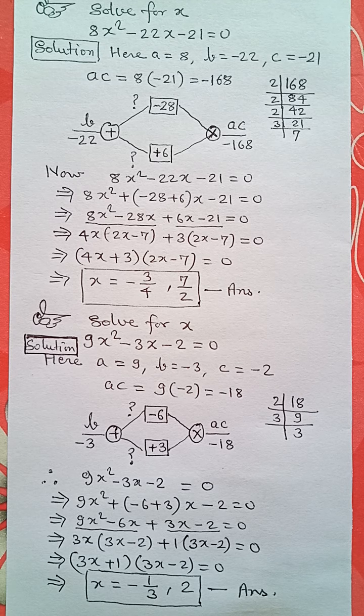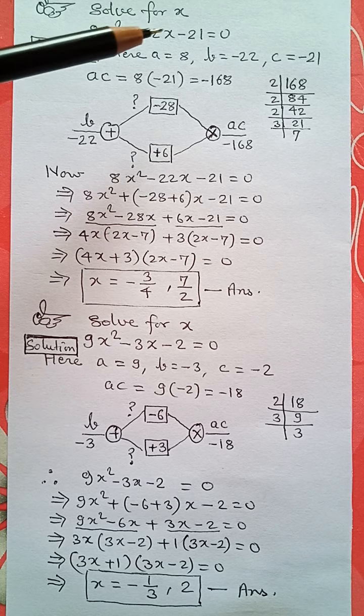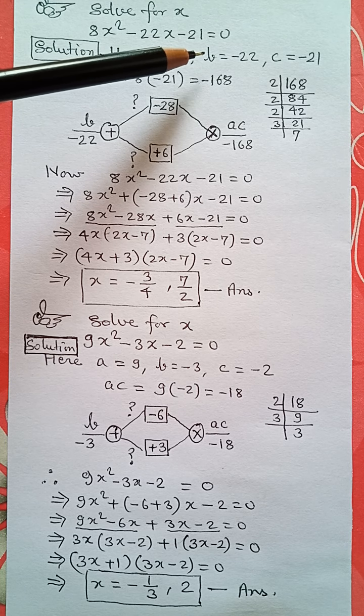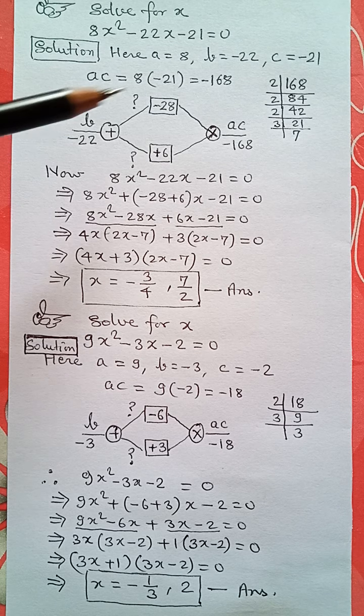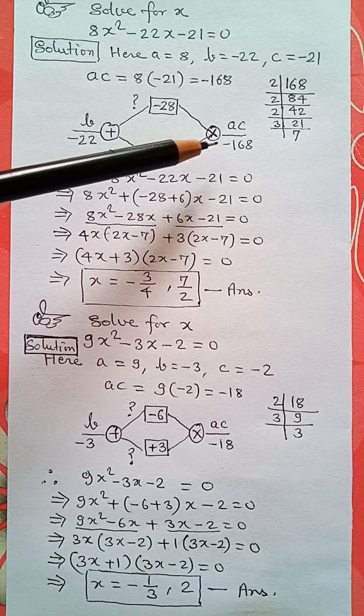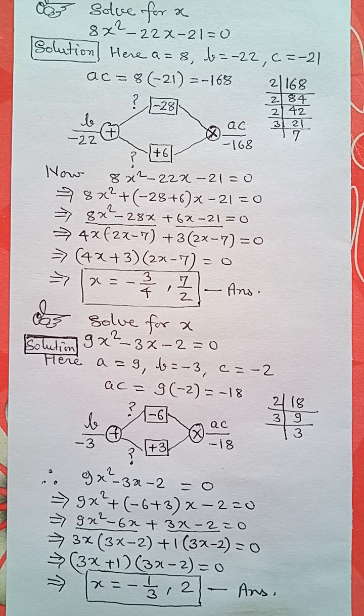Now in splitting the middle term, we are actually splitting this B. Here B is minus 22 and the product AC is minus 168.